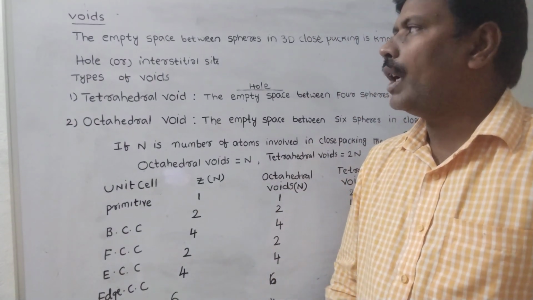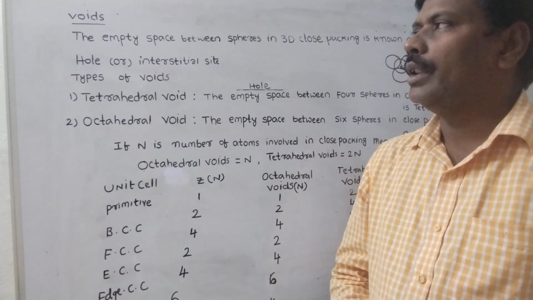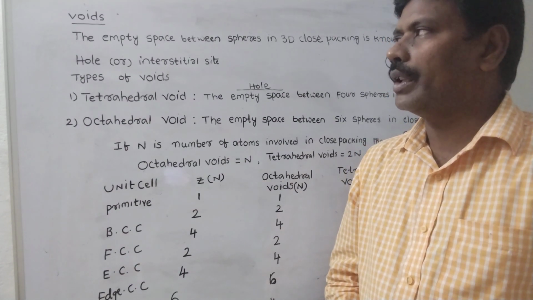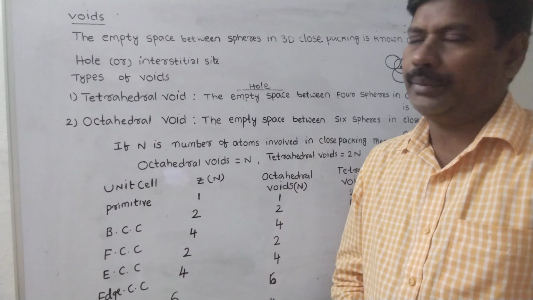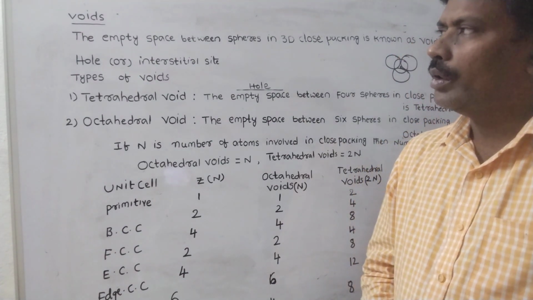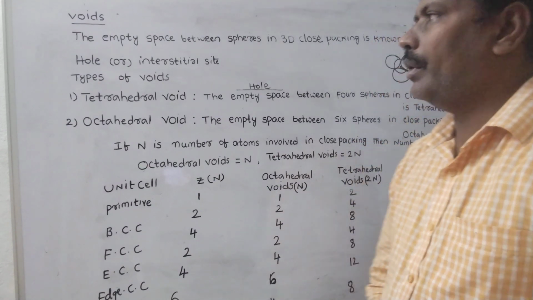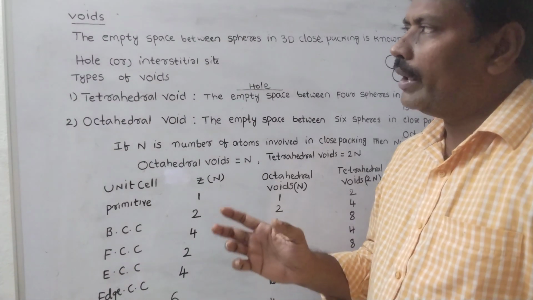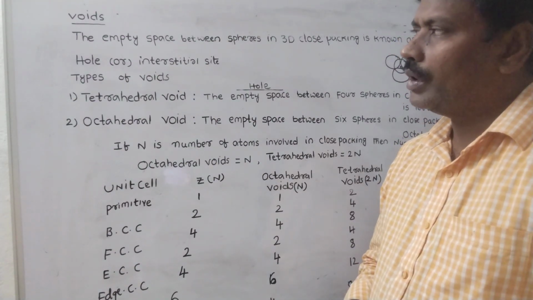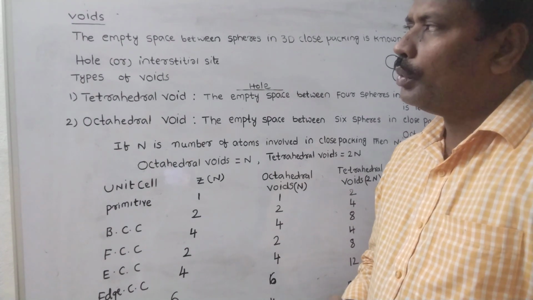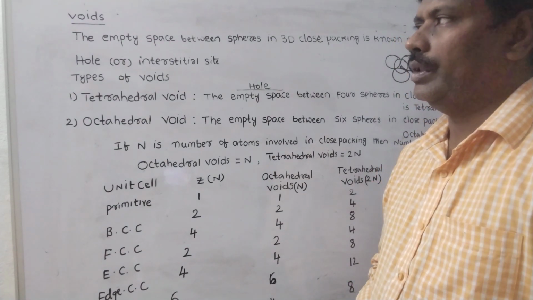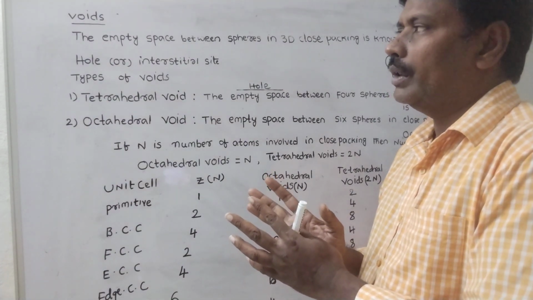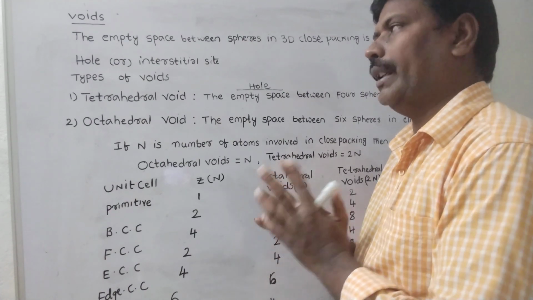Today I am going to explain an important concept in solid state chemistry, voids. You know very well what a void is and how voids are formed. Generally, voids are formed from three-dimensional close packing.